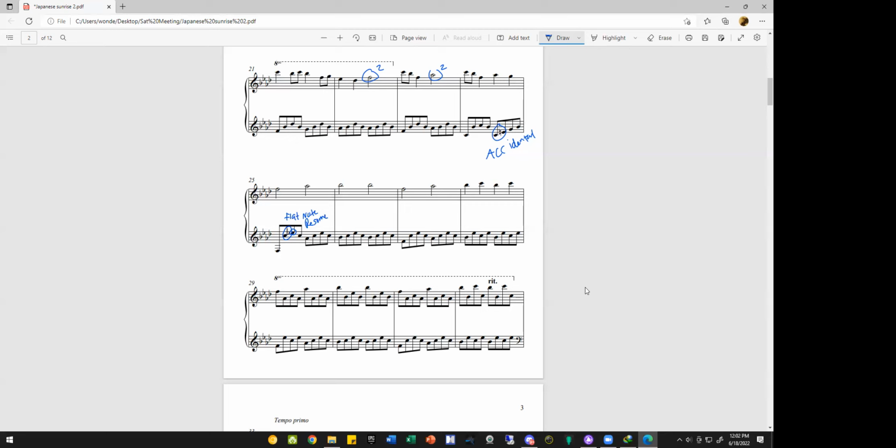And at the end of bar number 32, we have another Italian word up above. This means ritenuto, R-I-T-E-N-U-T-O. It's a past participle, and simple and plain, it means you have to slow down a bit.